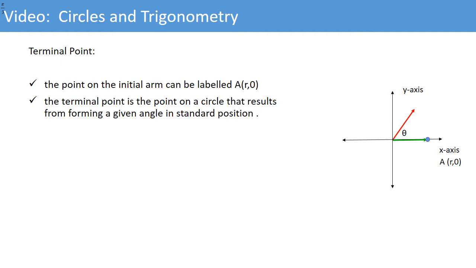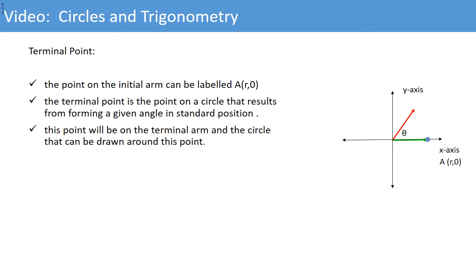This is the angle of rotation. This point will be on the terminal arm and the circle that can be drawn around this point. This point can be labeled P with coordinates x, y. This is your terminal point.